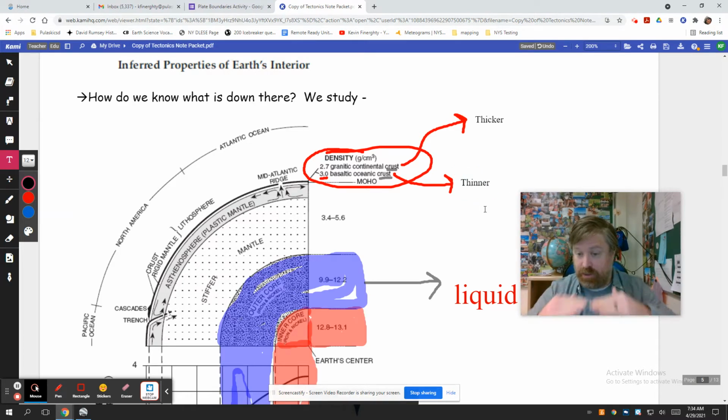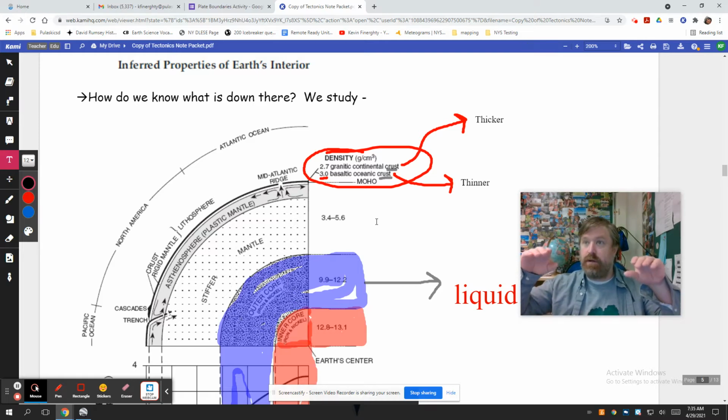When 2 things hit each other, these 2 differences make a large difference in what happens. Continental is thicker but less dense. Oceanic is thinner but more dense. And at the end of the day, if you can wrap your head around this, that leads to this idea of a balance in the asthenosphere. Isostatic balance is the fancy term for it. The thing that doesn't weigh as much, there's more of.